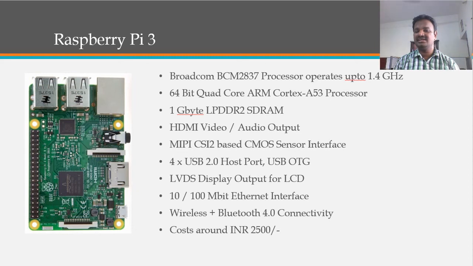It has HDMI video and audio output, a CMOS camera sensor interface with MIPI CSI-2, a USB 2.0 host port and OTG, and LVDS display output for LCD. It also features a micro SD card slot, which can be used for booting your embedded Linux image.